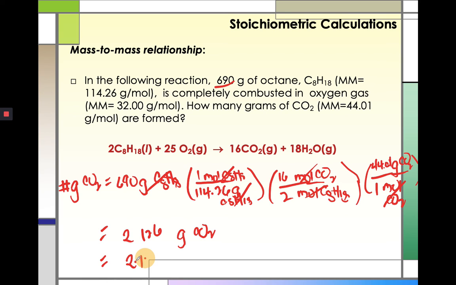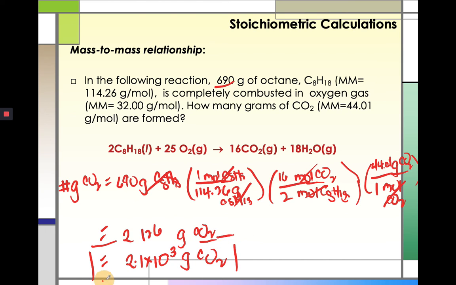So we may stop at 2.1 times 10 to the power of, how many places did we move? 1, 2, 3. So 3 decimal places, and then grams of carbon dioxide. So that's practically a mass to mass stoichiometric calculation based on what is given in the problem.